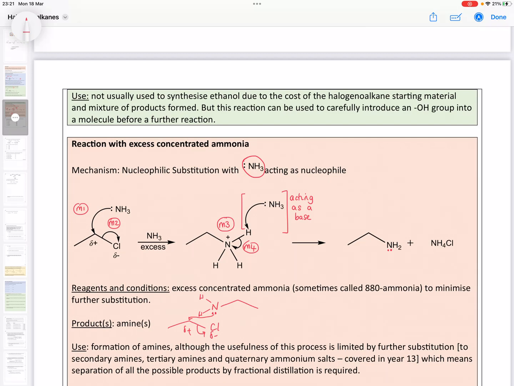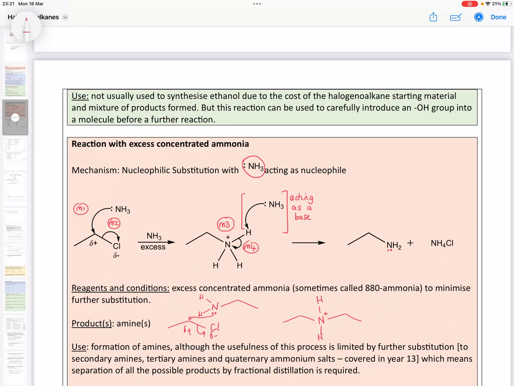And this delta positive carbon then is going to end up, I'll show you what this looks like. So we're going to end up with our nitrogen. Our intermediate step is going to be making 4 bonds.